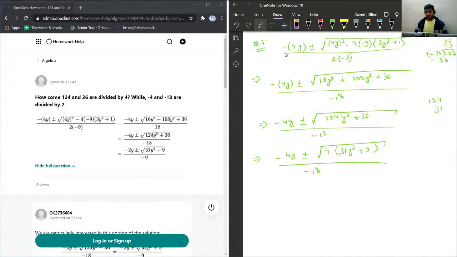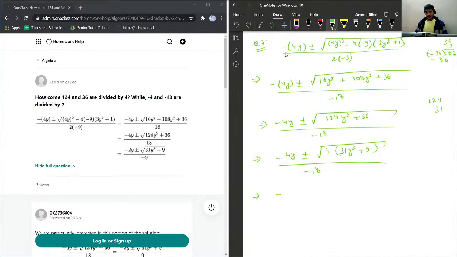But here I have a 4 and I have a square root also. So if I take this 4 outside from this square root, then that will become 2. And if I get a 2 here, 2 here and 2 here, then I can take 2 common and I can cancel these 2. I'll tell you in the next steps.